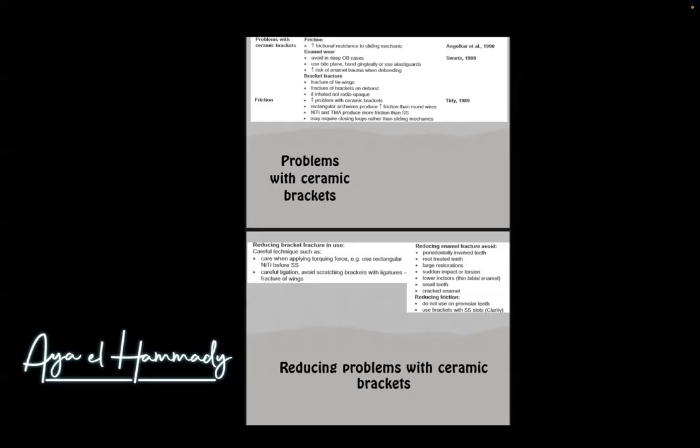I have all the factors I need to be successful here. I have the metal slot, so less friction and better sliding movement. I have the metal mesh for what? For easy debonding. With metal slot and metal mesh, the torque prescription will be completely applied during the movement.